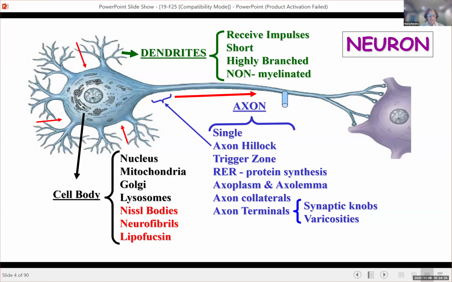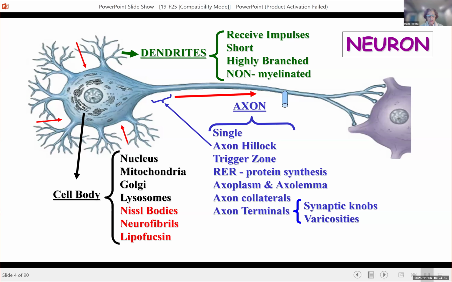Then the neurons, besides having tubulin and actin, remember the cytoskeleton, they have other components of the cytoskeleton that are known as neurofibrils. And these additional cytoskeleton components are very important because of the movement that goes back and forth from the cell body towards the axon terminal. They also sometimes have dark spots that are known as lipofuscin.